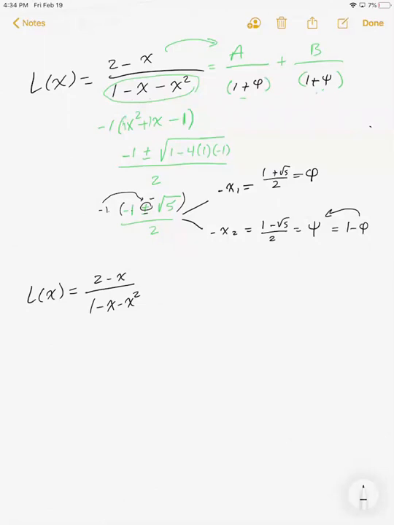What you will get is 1 over 1 minus phi x plus 1 over 1 minus xi x.